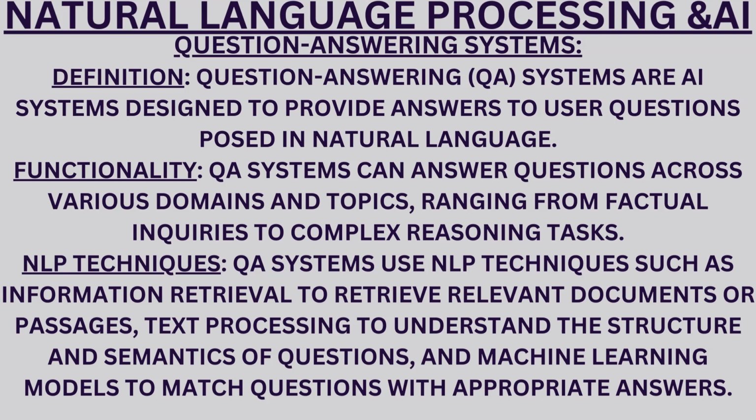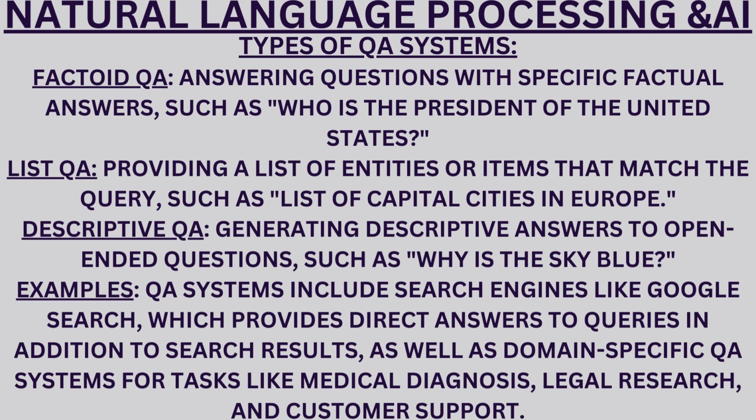Question answering systems use NLP techniques such as information retrieval to retrieve relevant documents or passages, text processing to understand the structure and semantics of questions, and machine learning models to match questions with appropriate answers. Types of question answering systems.